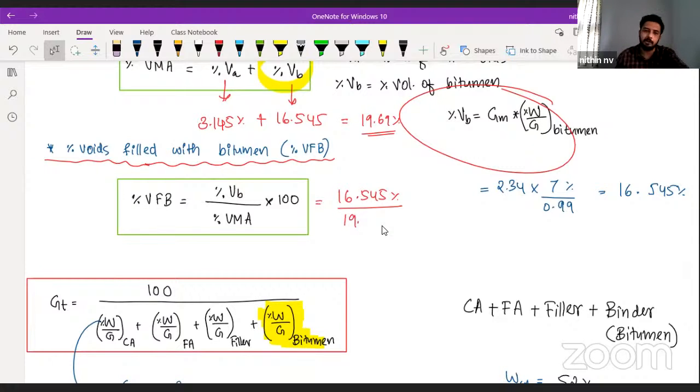Out of this total VMA, what is that second part VB? That is the meaning of percentage VFB. Now see, both are in percentage, so they will cancel. We are going to get a decimal, so to convert into percentage, again we multiply with 100. Properly check that.